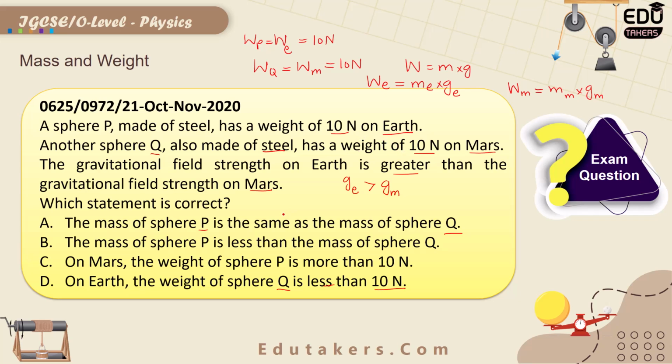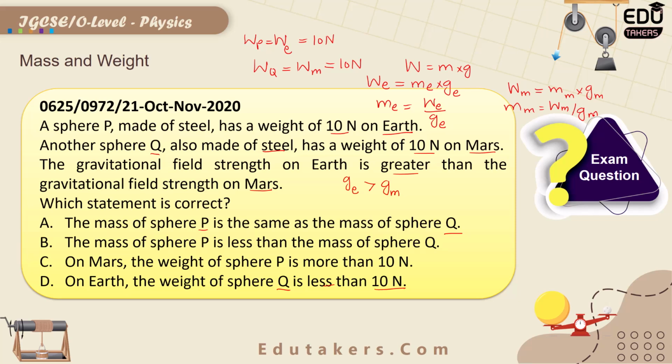Here in all the statements, they actually talk about the mass and weight. So first of all, let's check the mass. M_E is equal to weight on the surface of Earth over the gravitational field strength. And here the mass on the surface of Mars is equal to weight on Mars divided by the value of G on Mars.